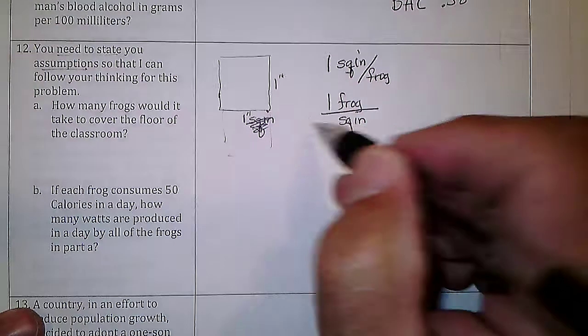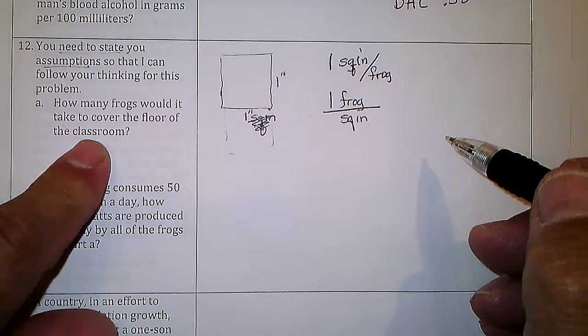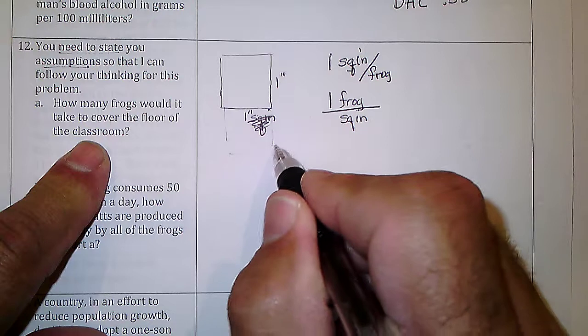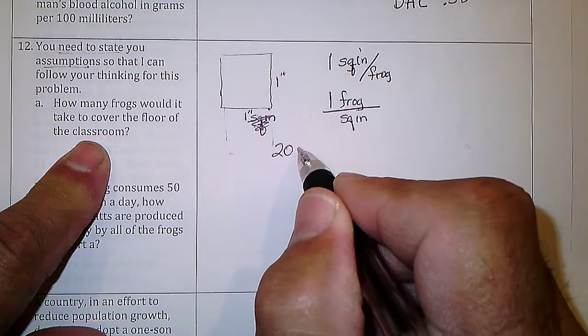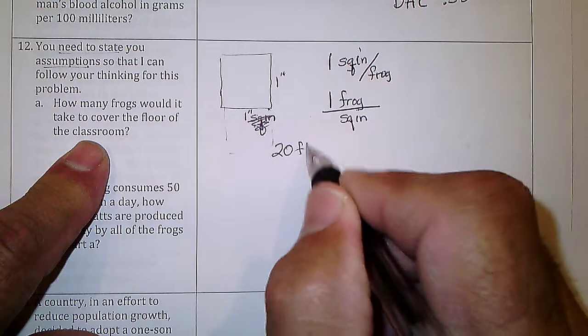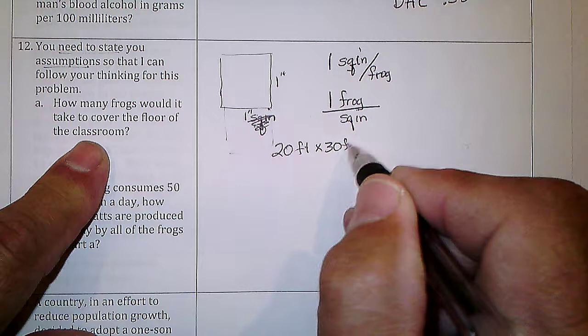I'm going to make an assumption. So that's my assumption. Now I got to make an assumption on how big the floor of the classroom is. Oh, and I think our classroom is probably 20 feet. That's probably a little bit small, but I'll go 20 feet times 30 feet. It's probably bigger than that, but I'll go with that.